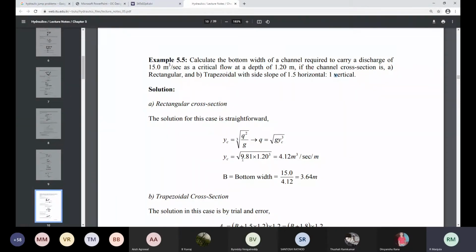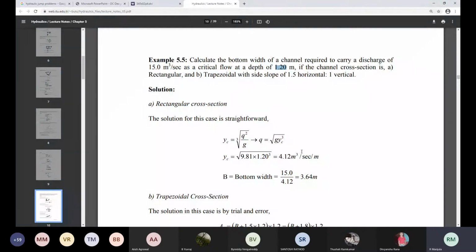Now q is equal to square root of 9.81 into 1.20 whole cube, because your critical flow depth is given as 1.2. And now you will get what your q is. q is equal to 4.12 meter cube per second per meter. Why per meter?